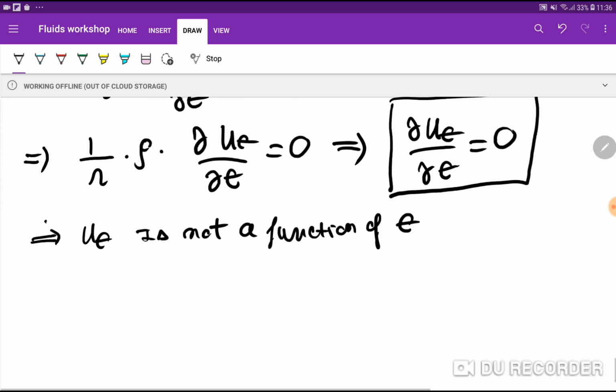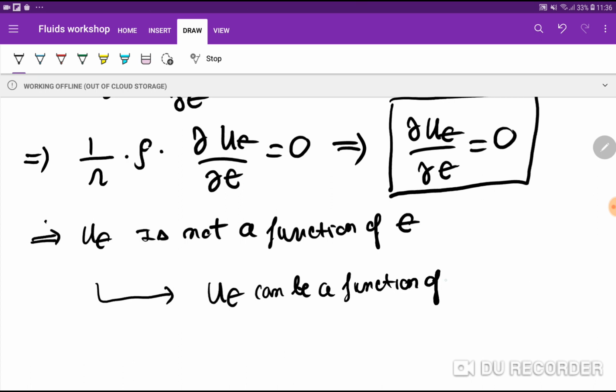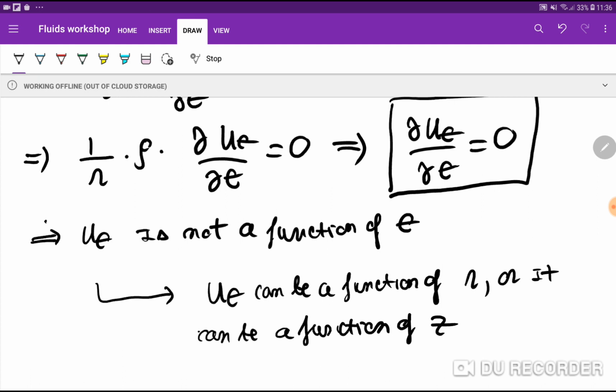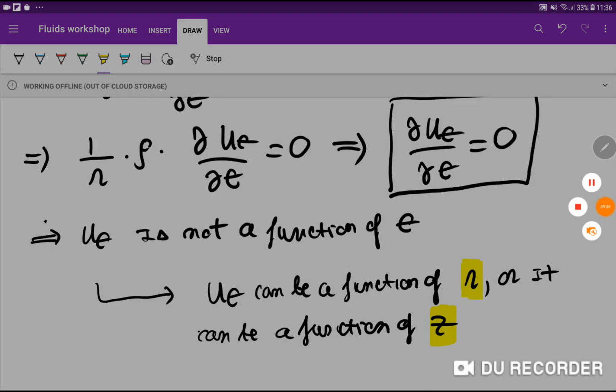What can it be? There are two possible scenarios. u_theta can be a function of r, or it can be a function of z. Later on we'll see which one is better suited.